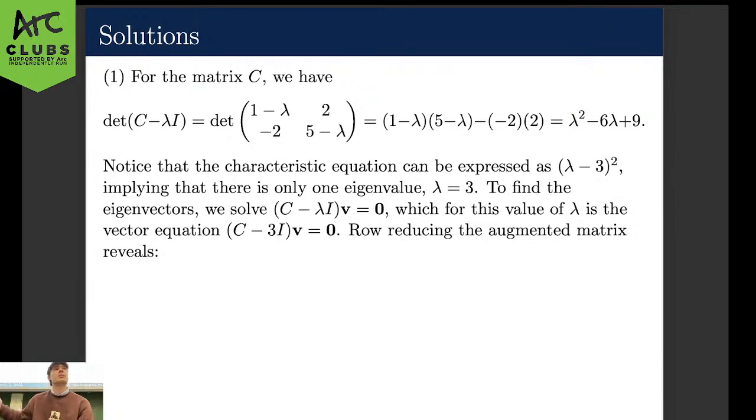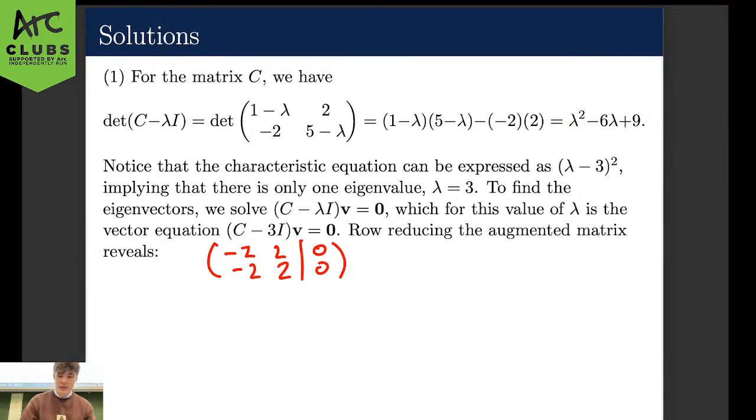Now to find the corresponding eigenvector, remember the process. We solve the equation C minus lambda I multiplied by v equals the 0 vector. In this case, we replace lambda with 3 and write the matrix C minus 3I, which is going to be negative 2, 2, negative 2, and 2. We're trying to solve for when this matrix multiplied by v equals 0, so we can just augment it by the 0 vector and then row reduce it.